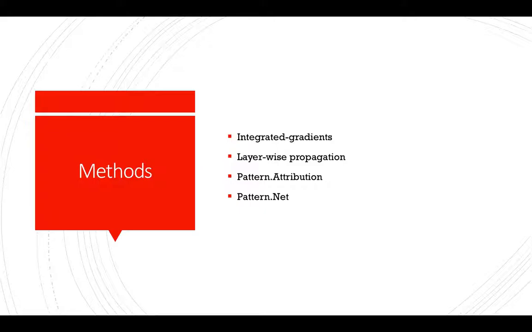And I also would like to compare their approach with two popular interpretation techniques. So the four methods are integrated gradient, layer-wise propagation, pattern attribution, and pattern net.